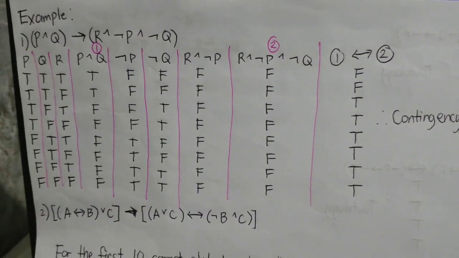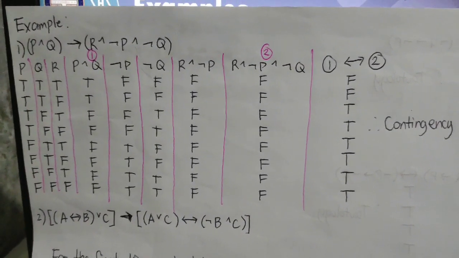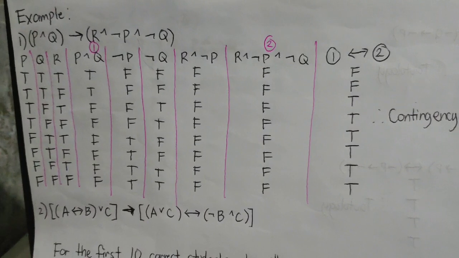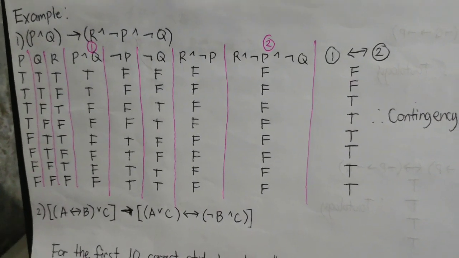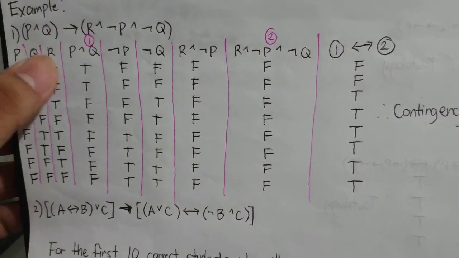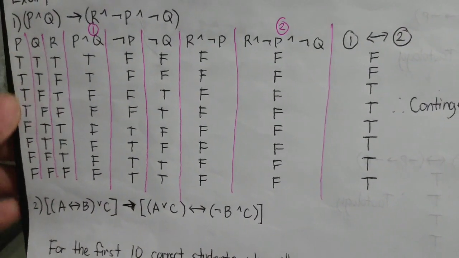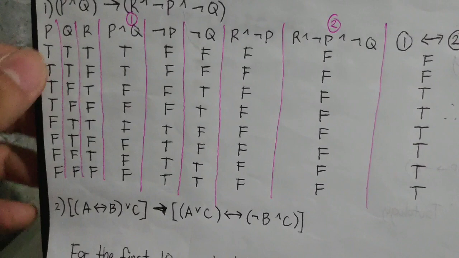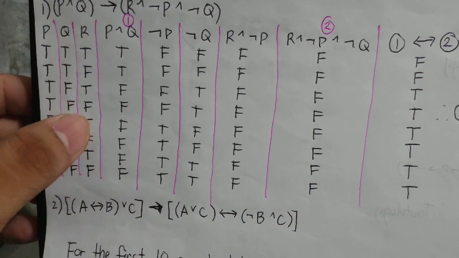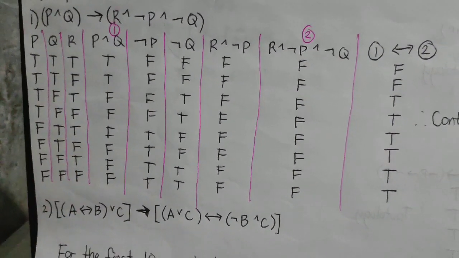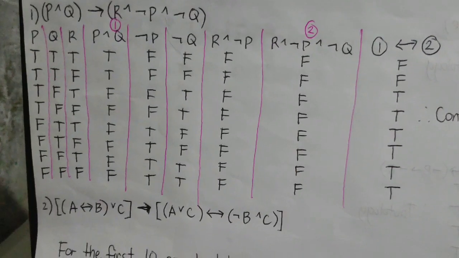Earlier, we only discussed 2 propositions, which is only good for 4 possible conditions. Since we have 3 propositions, the conditions will now become 8. So these are all the possible conditions in which 3 propositions will be included.